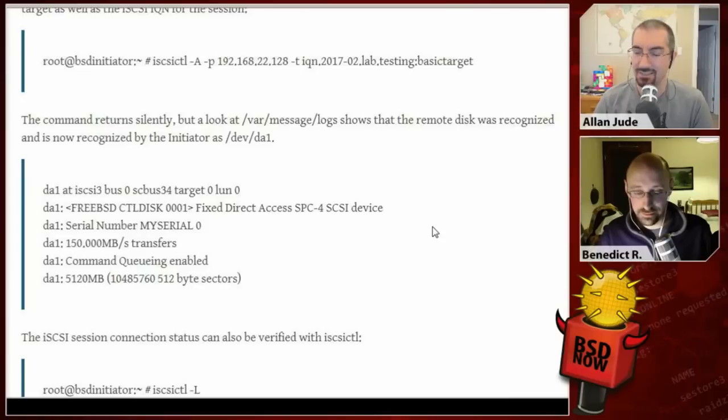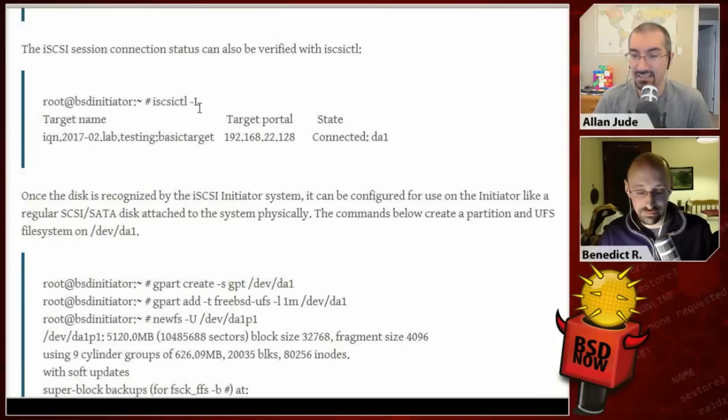Yep. And that real hard drive doesn't have to be SCSI. It can be AHCI, it can be whatever. Actually, with iSCSI, it can even just be a file in your regular file system. And then you can use iscsictl -L to list the connections that are going, and you can see what happens when you disconnect it and so on.